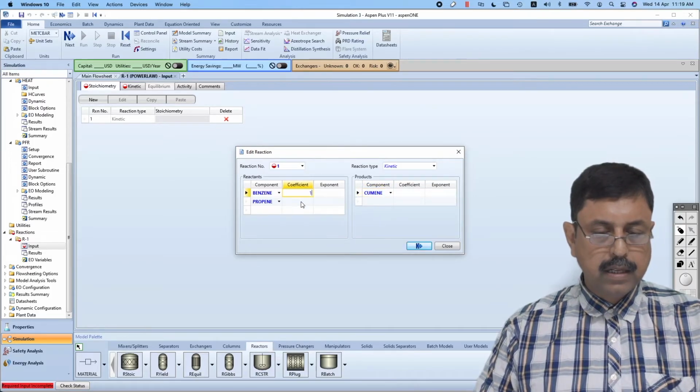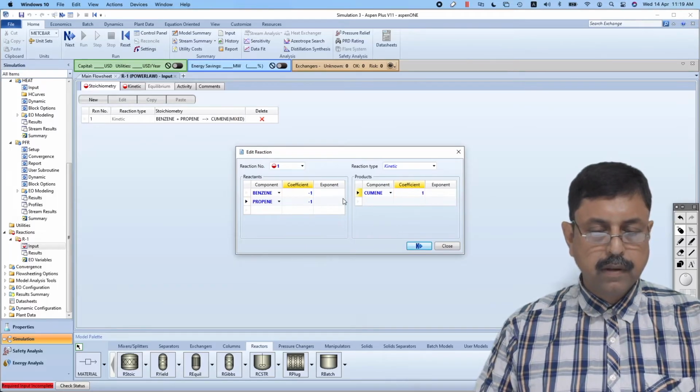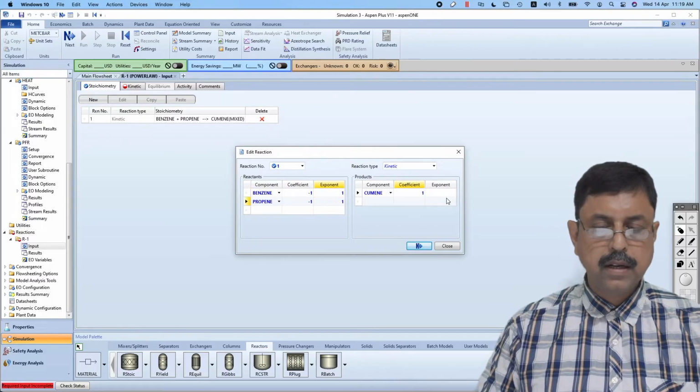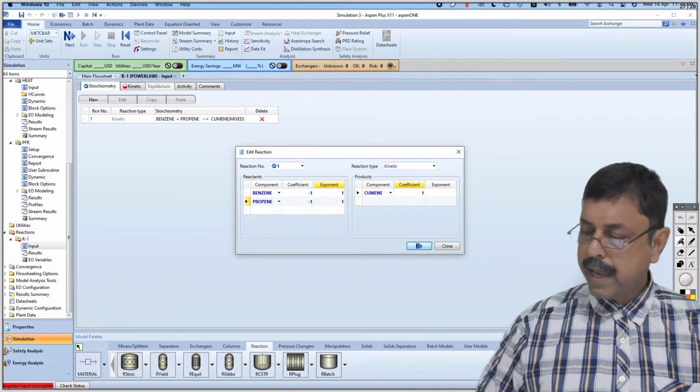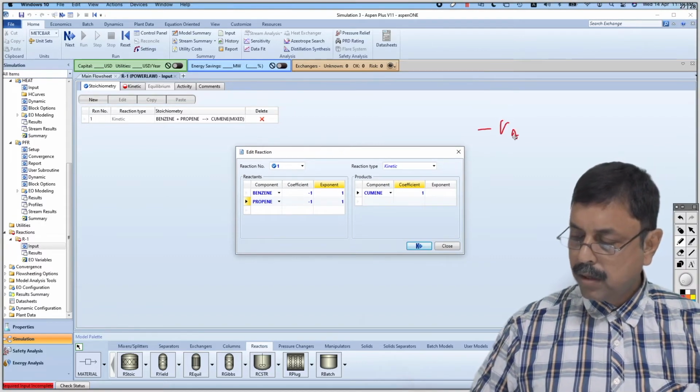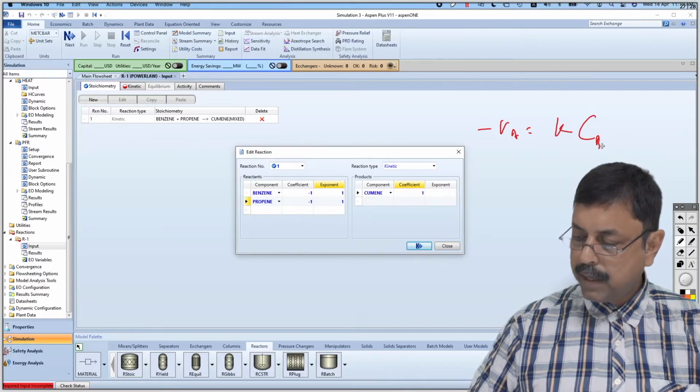So this is 1, this is 1, this is 1, it is exponent 1, it is exponent 1. This exponent is 0 because actually the reaction rate is equal to K into concentration of benzene into concentration of propene.